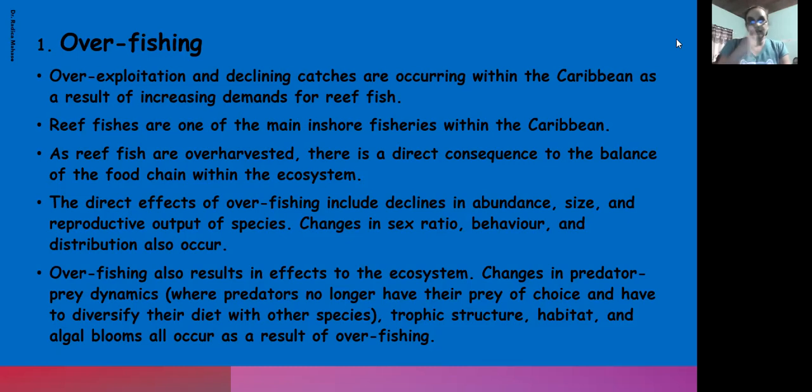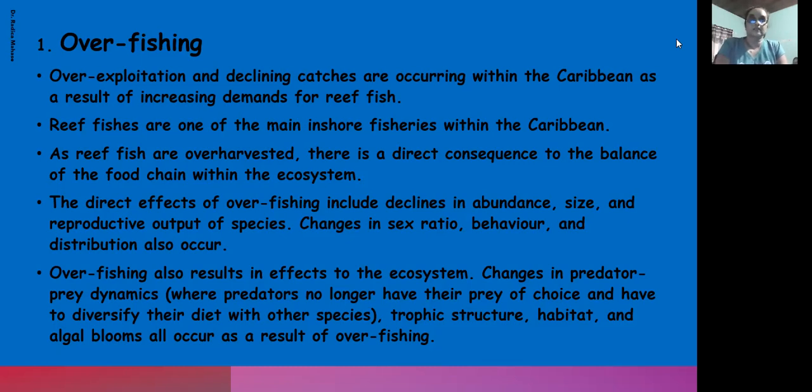And when these are overharvested, or when there is overfishing and we take off too many of them, it affects the whole balance of the ecosystem. Okay, it affects the balance of the food chain, and the entire ecosystem becomes threatened. So then we would see a decline in abundance, size, and the reproductive output of species.